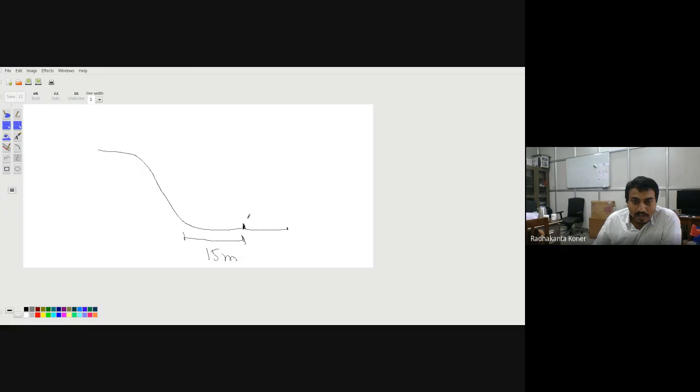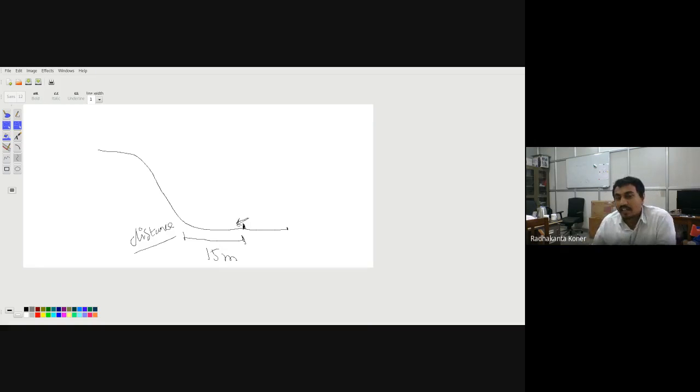I will not allow anybody to enter this zone, or I will not allow active work to be conducted in this zone. So this is a distance. This distance is marked for keeping a safe distance for the failure to be accommodated in the meantime and work to be continued on this side, like that.